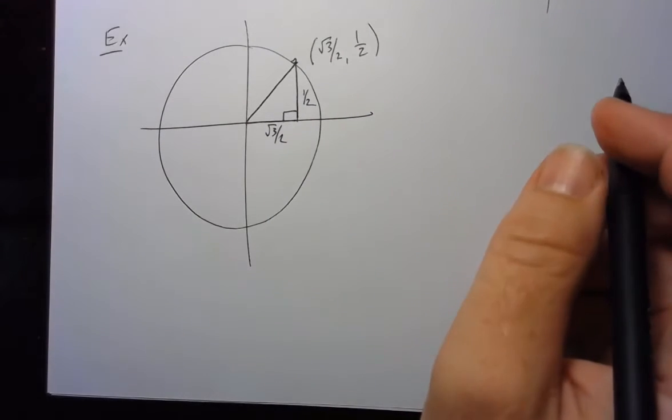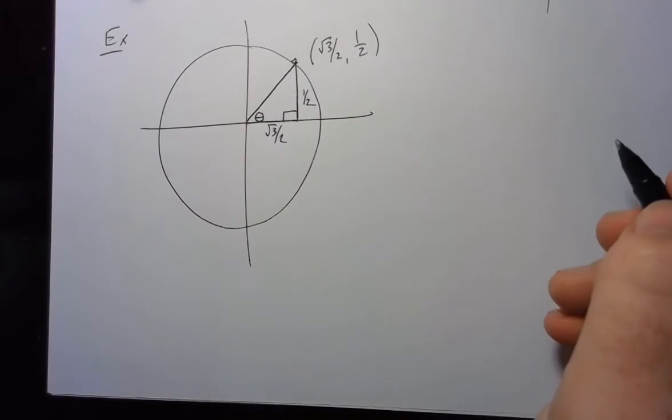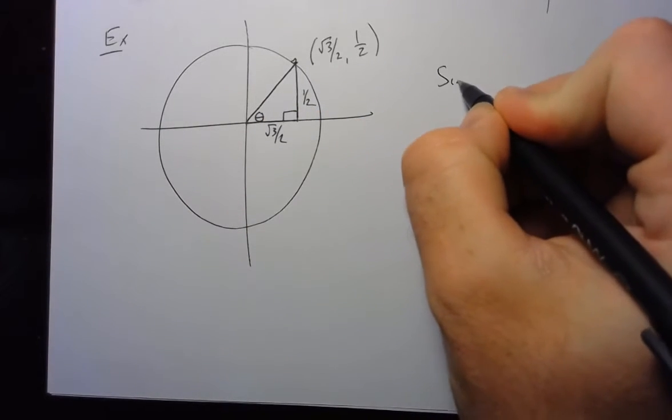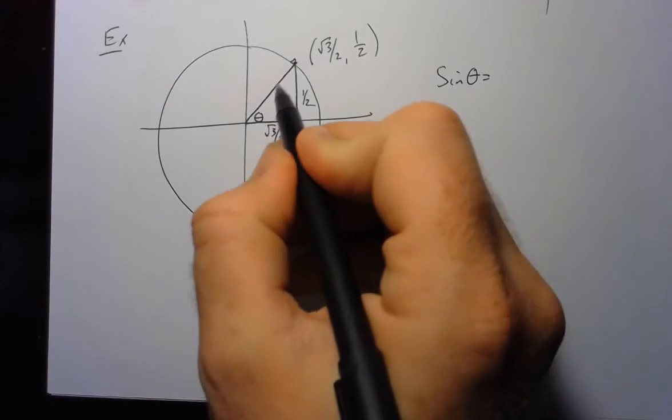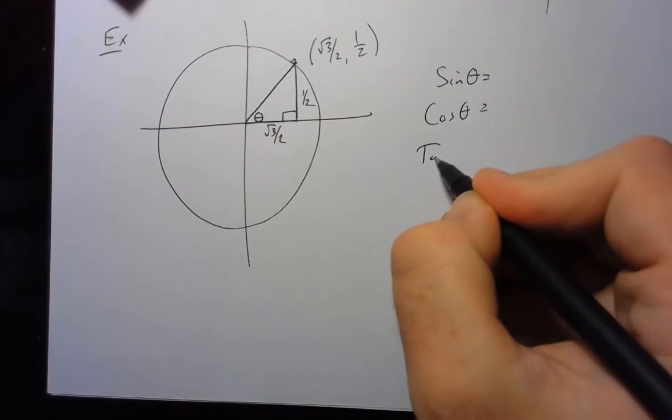To identify the trigonometric values of theta with respect to this circle, all you're going to do is go sine of theta, cosine of theta, tangent of theta, and so on and so forth.